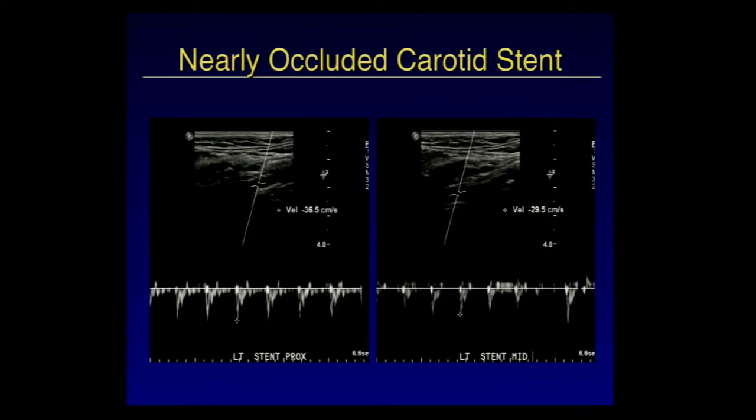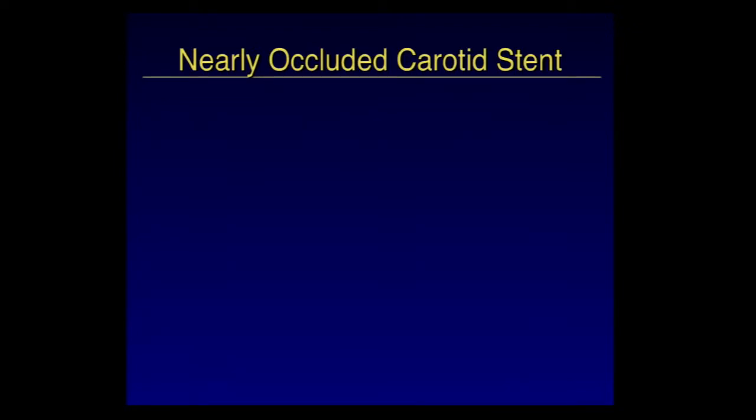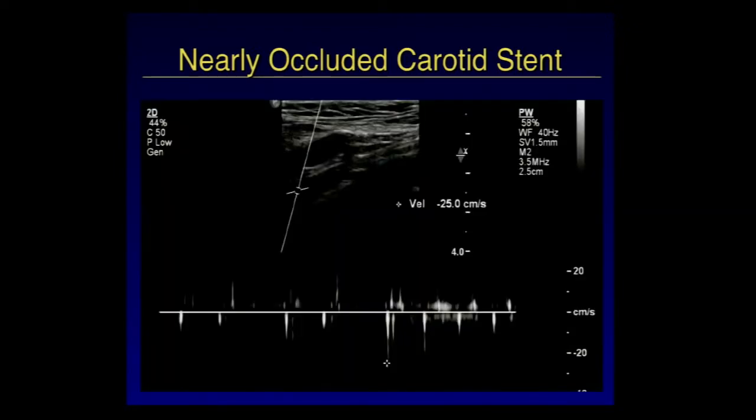And maybe it's open because in the mid-stent and distally, we're seeing a little bit of a blip. If it's open, it's not open for too long. So that is probably the most extreme example of something that is nearly occluded, but perhaps not completely occluded.